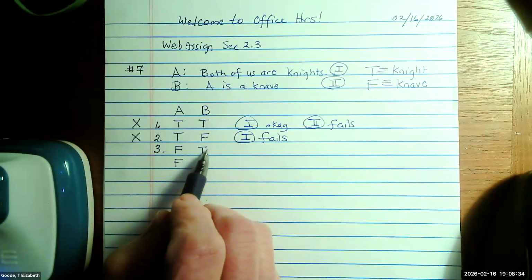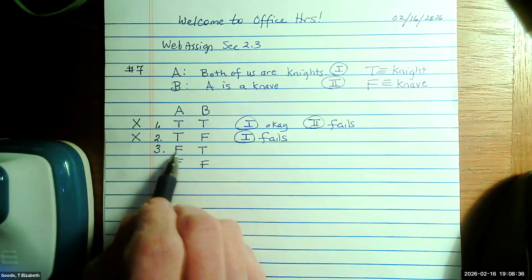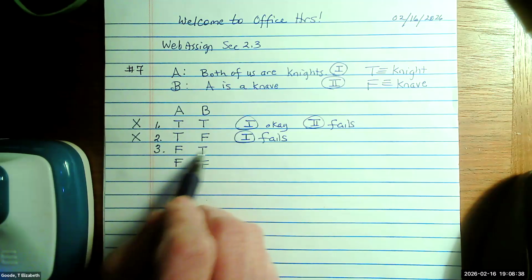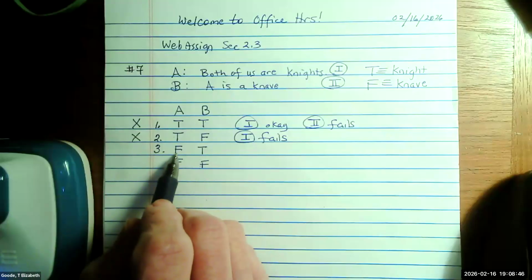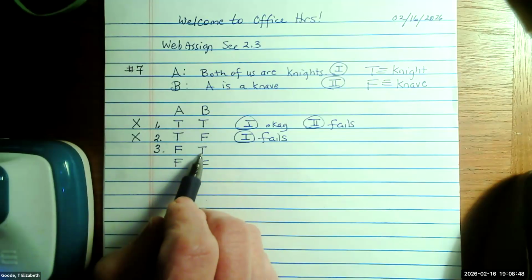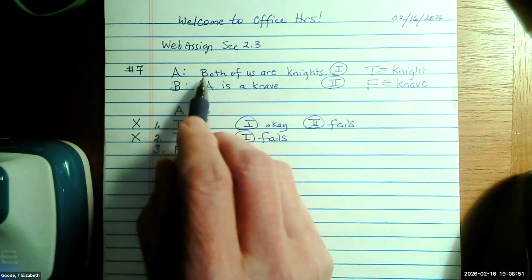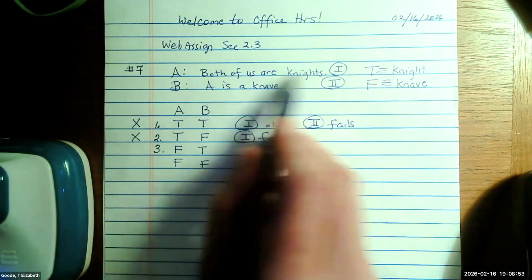Now you tell me, in row three, what is A in row three according to our table? A is a knave. Good. B is a knight. Great. So A is always lying and B is always telling the truth. Okay, so let's look at A's statement.